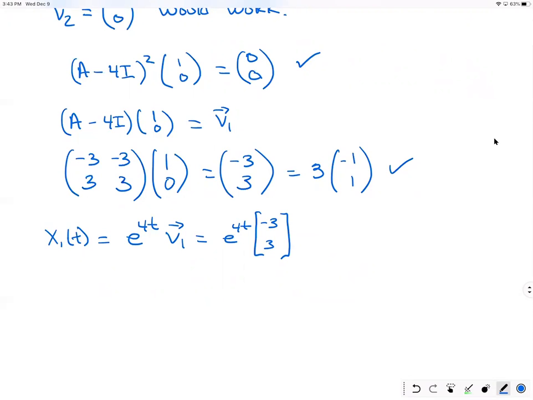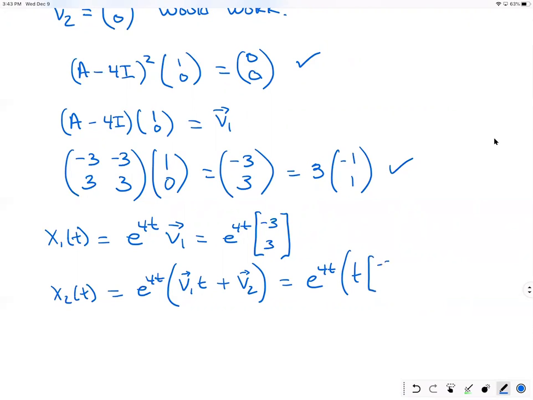And then our x2 is where we have this eigenchain. So our x2 would be e to the 4t times (v1 times t plus v2), which is e to the 4t times (t times (-3, 3) plus (1, 0)). And so those would be the solution.